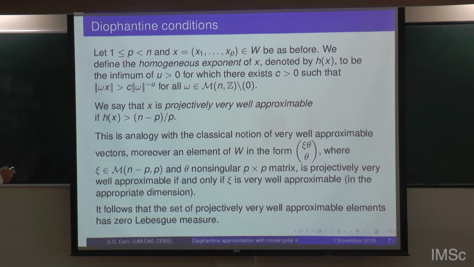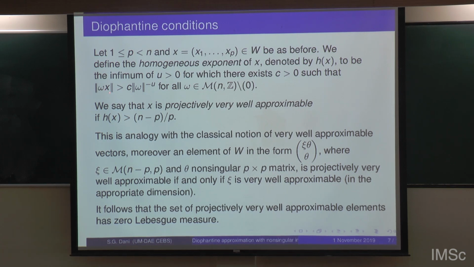So consider 1 less than or equal to p less than n always, and a p tuple x. We define what we call the homogeneous exponent of this x, denoted by h(x), and it is defined to be the infimum of all positive u for which there exists a constant c such that this relation holds for all non-zero integer matrices omega.